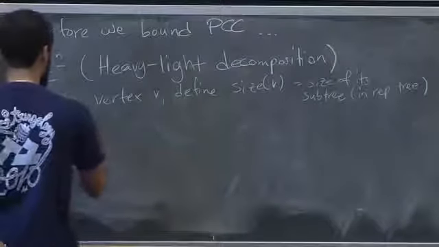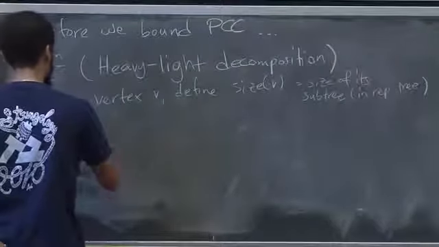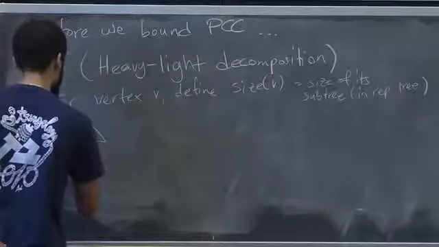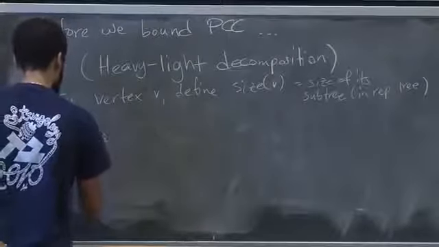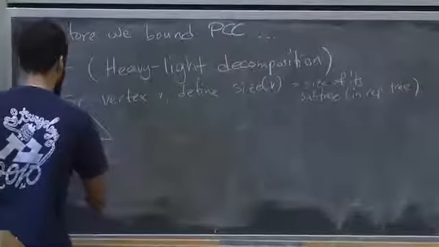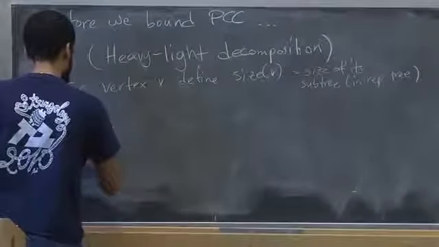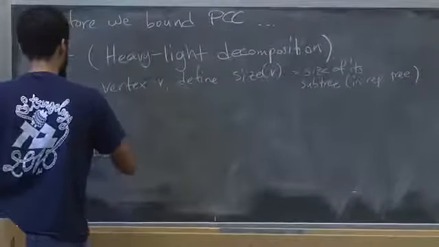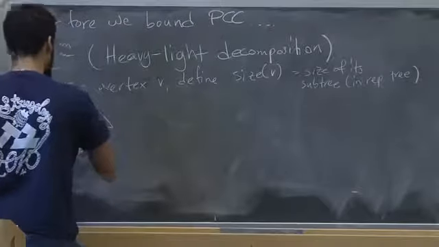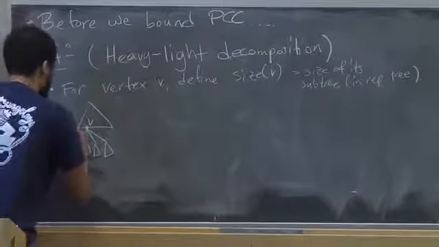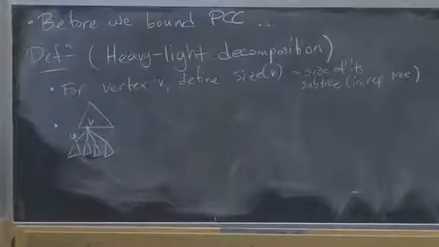Okay. Good. So if we have the represented tree here, and there's some vertex that has some subtrees hanging off of it, let's call this v. Let's call this u. So u is a child of v.